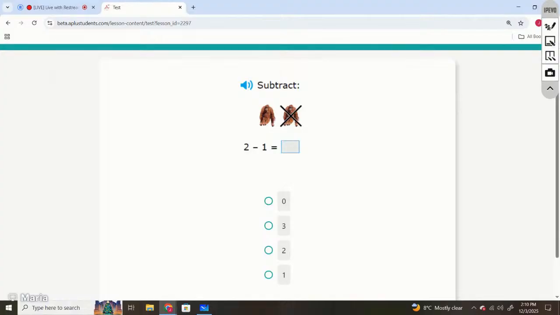2 take away 1. So we have total 2 monkeys, and the one that is not crossed out is, yeah, we're left with just 1. 2 take away 1 is 1.